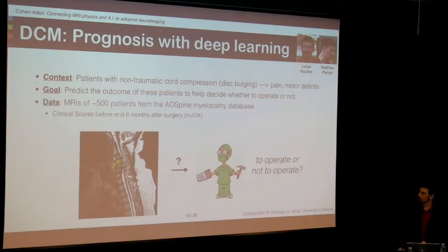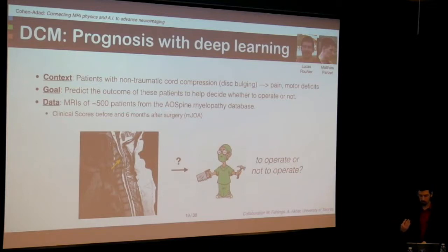So the context of this study was to use about 500 patients that are part of the AO-Spine myelopathy database, which has preoperative and postoperative MRIs. We also have access to the clinical scores before and after the surgery.